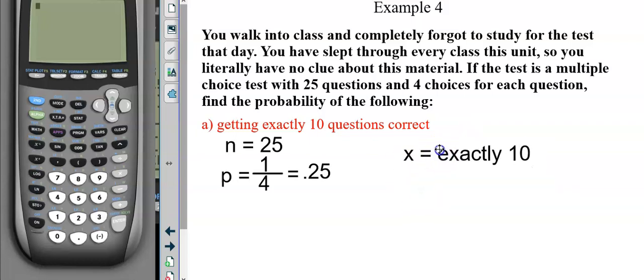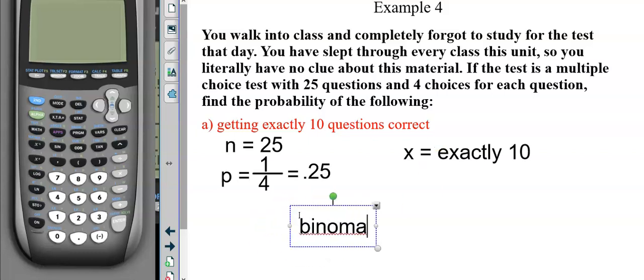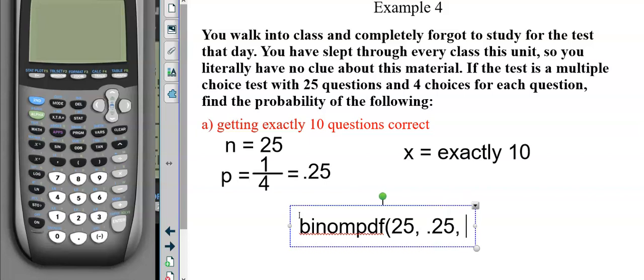So to get it right is 1 out of 4, exactly 10 questions. So we're going to do the binomial PDF. We have 25 for the n, 0.25 for the p, and we're going to put exactly 10 there for the x.